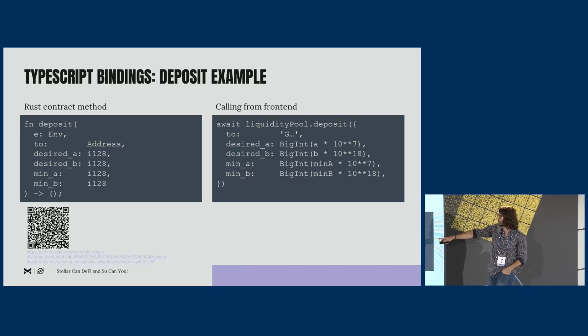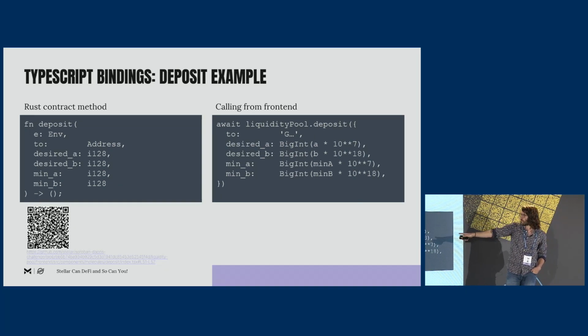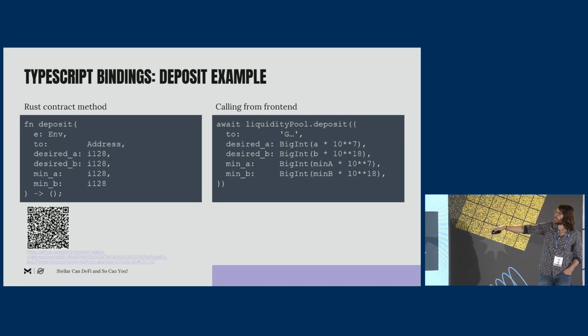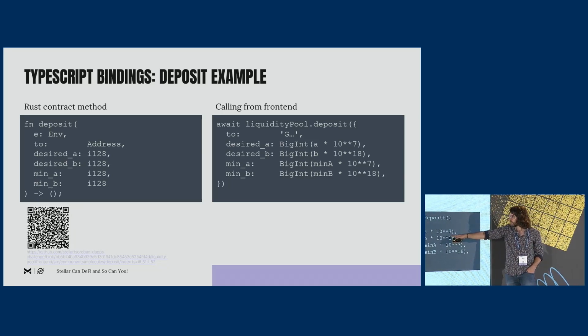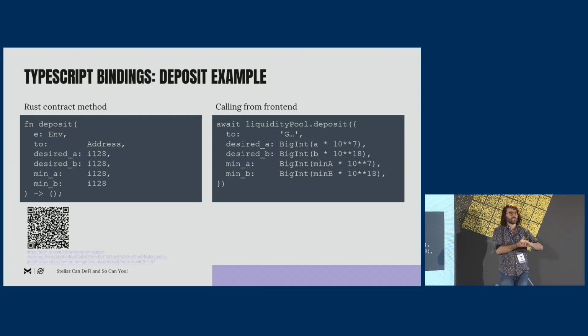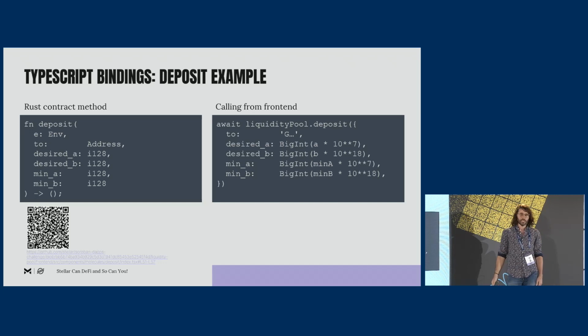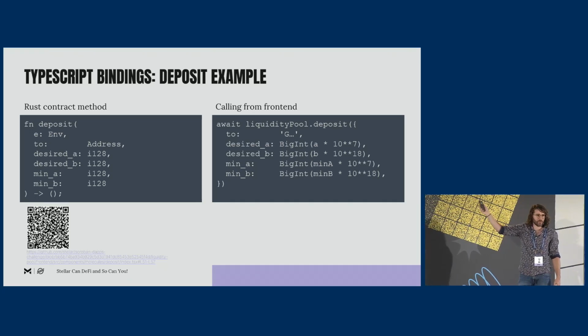And if you're not familiar with the double asterisk, that's doing exponents. We're imagining here, although this is not accurate for Bitcoin, that desired B has 18 decimal places. So we're saying the number that they entered times 10 to the power of 18.